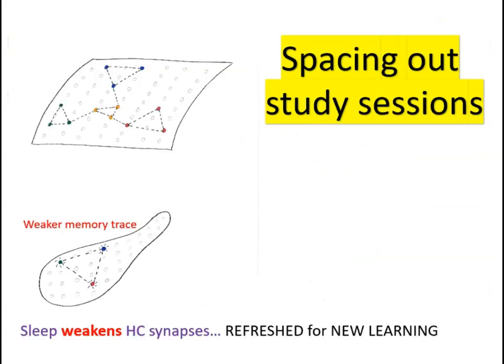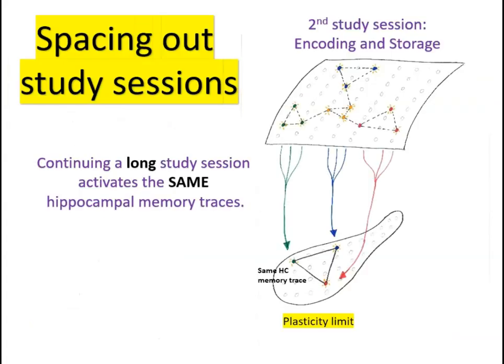And we learn the reason for this. During sleep, the brain is weakening the synapses in the hippocampus, weakening those memory traces in preparation for new learning. Right? There's a limit to plasticity amongst these neurons here. We have to have weak synapses that can be strengthened if we're going to be learning anything the next day.